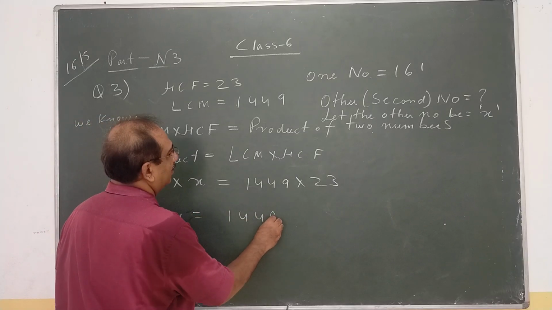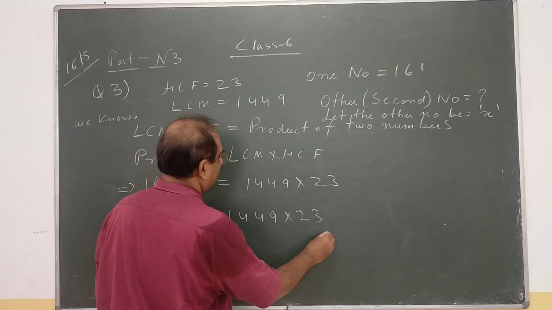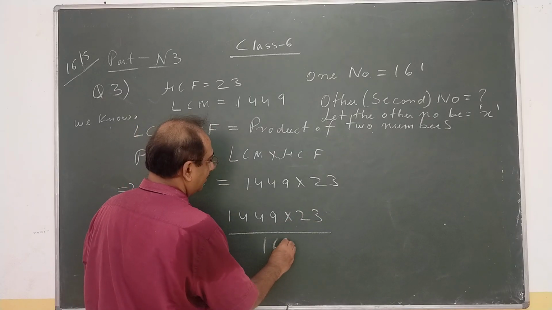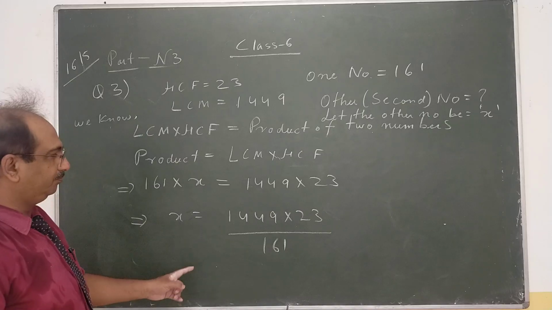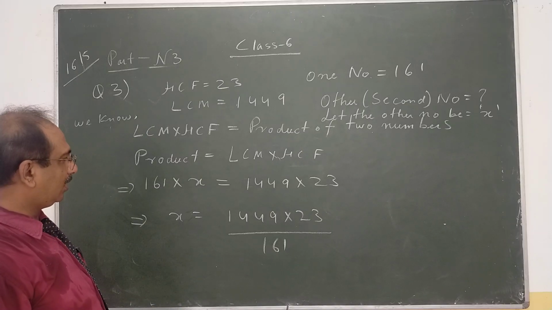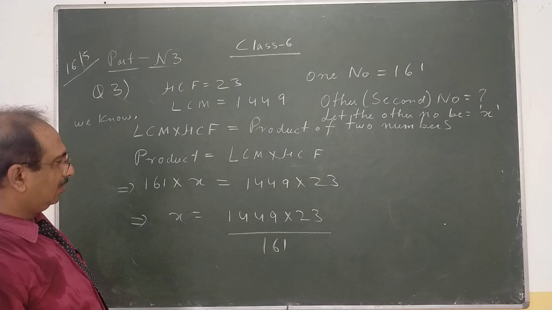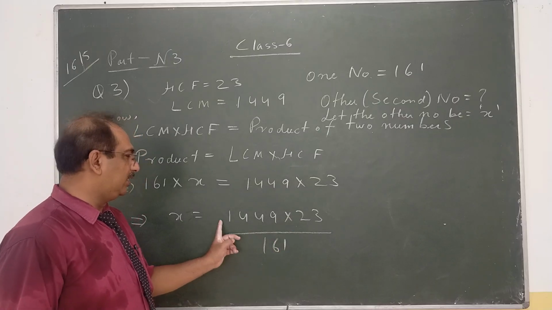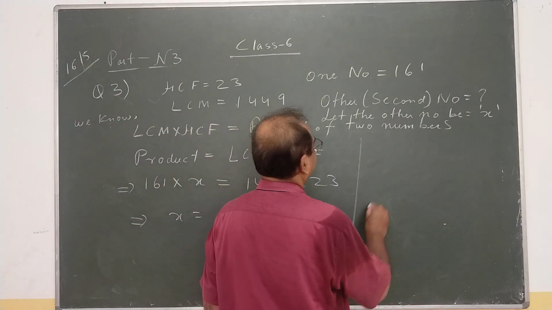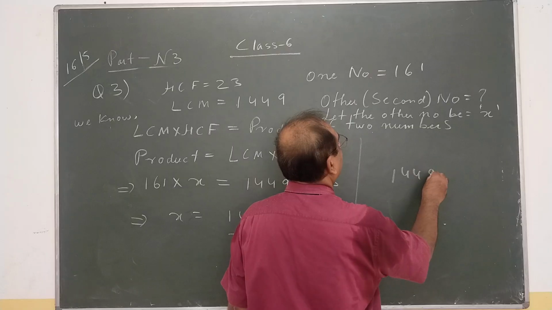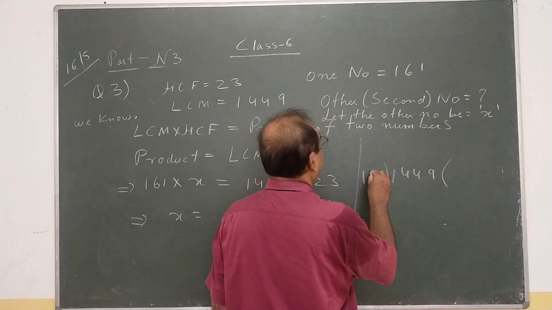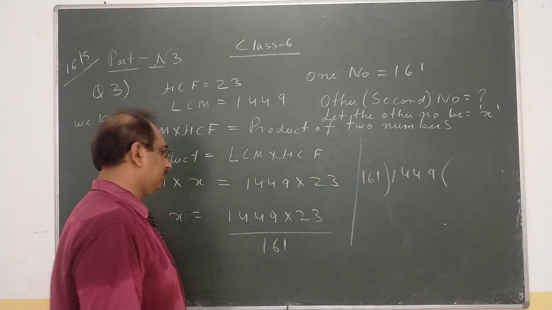This method, what happens, children? Now see the interesting division. 161, 23, I doubt it will go. This number 1449 will be divided by 161.